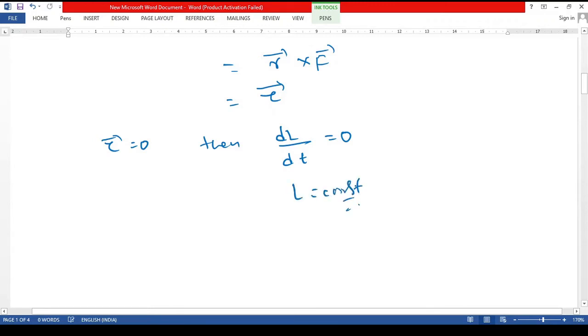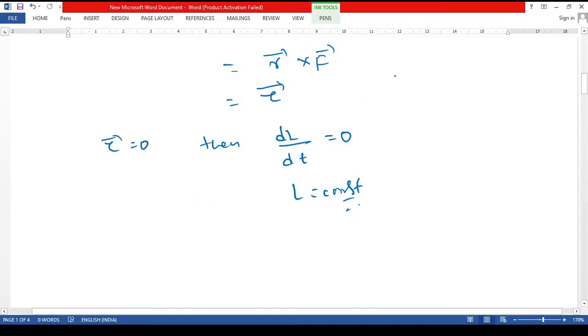Constant means angular momentum is conserved. So the statement is: in the absence of applied torque, the angular momentum of a particle L is constant.